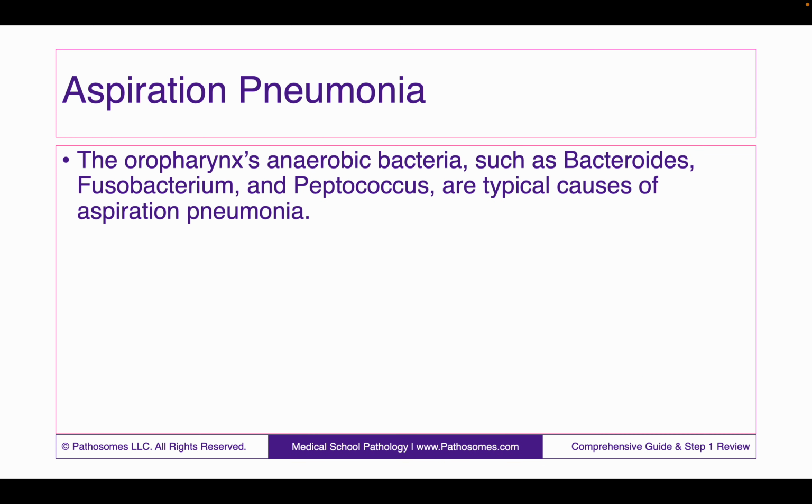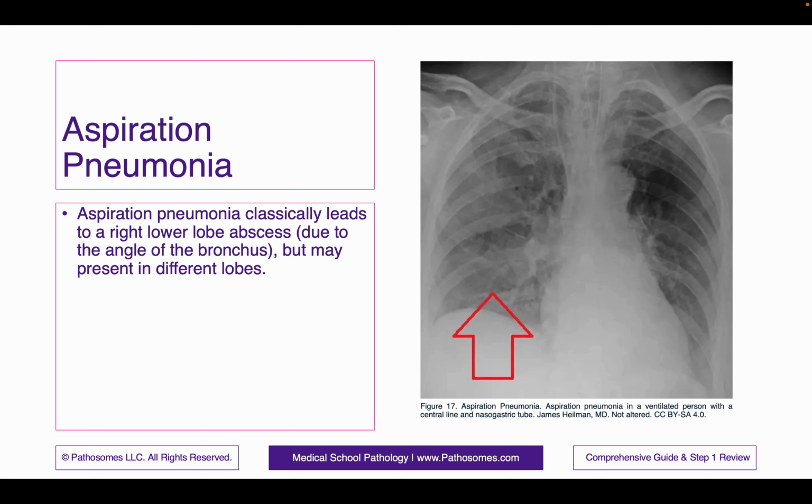The oropharyngeal anaerobic bacteria such as Bacteroides or Fusobacterium and Peptococcus are typical causes of aspiration pneumonia. Aspiration pneumonia classically leads to a right lower lobe abscess. Right. And this is due to the angle of the bronchus.